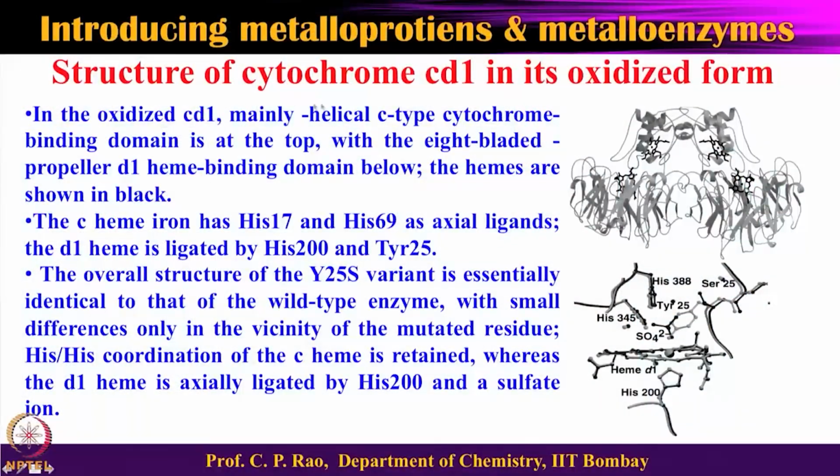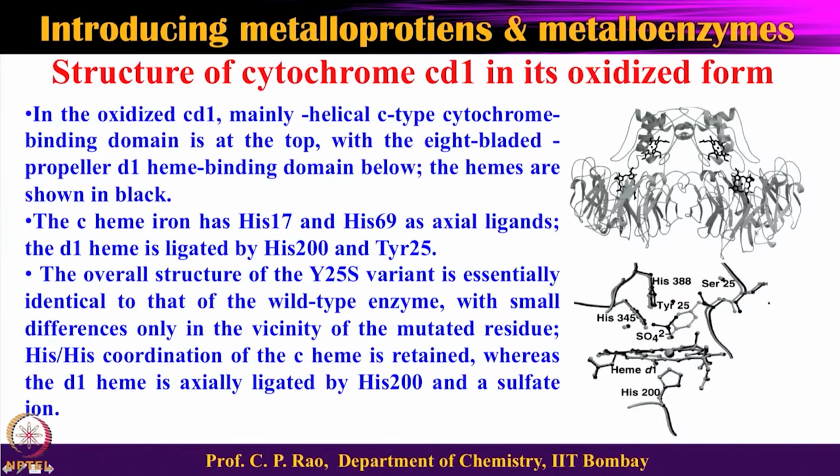So, now you can see the structure, the cytochrome C D1 in the oxidized form. There is a helical C type. You can see these are all the helices, and this is the C type, sitting on the top, and the D1 is sitting like an 8-bladed propeller, the heme binding one here.